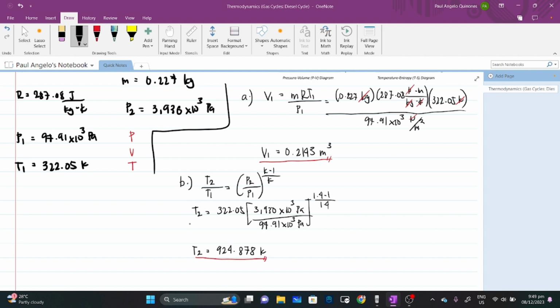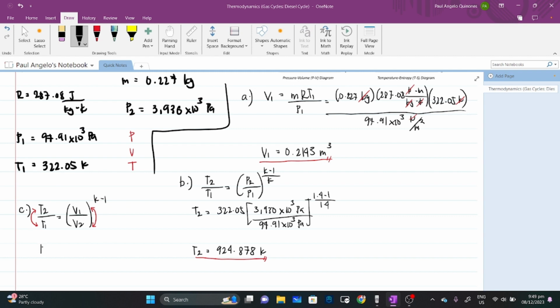Next. I have T sub 2, I have P sub 2, I don't have V sub 2 yet. How am I going to solve for it? I can use the isentropic relation T2 over T1 is V1 over V2 raised to K minus 1. Here, I need to solve for V sub 2. So I will flip the base of the right side, and in order for the equation to be balanced, I also need to flip the base of the left side.